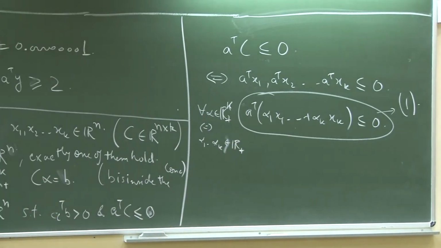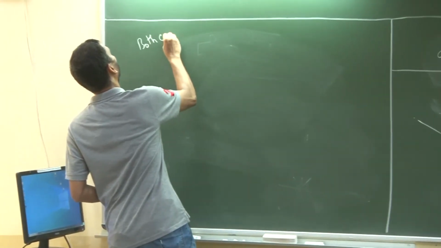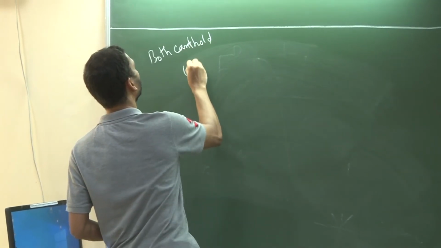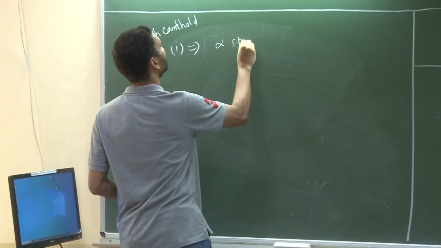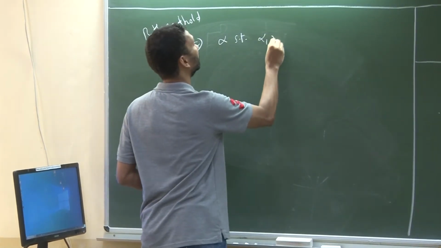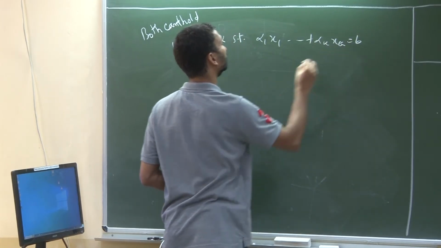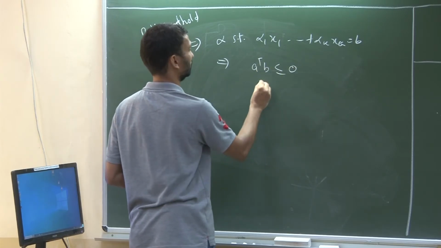So let me just write the simple idea. Both can't hold. If one holds, it implies there exists an alpha such that that would imply A transpose B is less than or equal to 0.